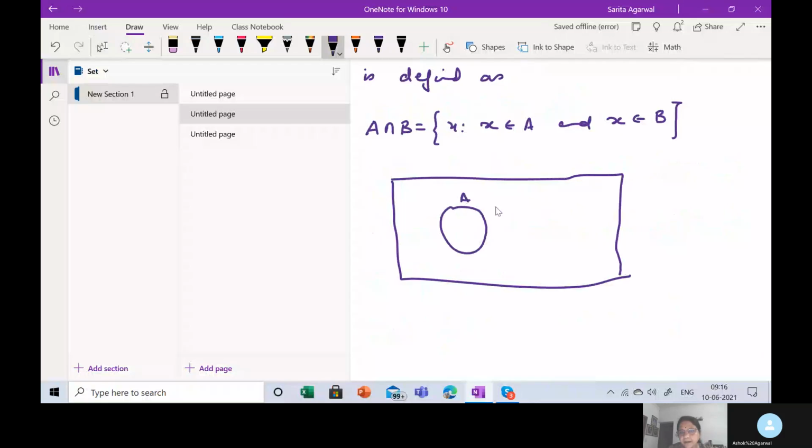This is A, this is B. So this shaded portion is A intersection B. This is common between A and B. A intersection B means common elements between A and B.